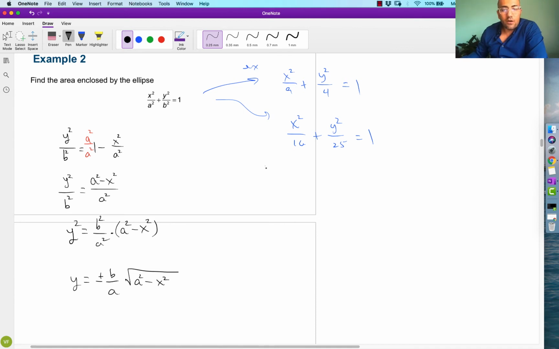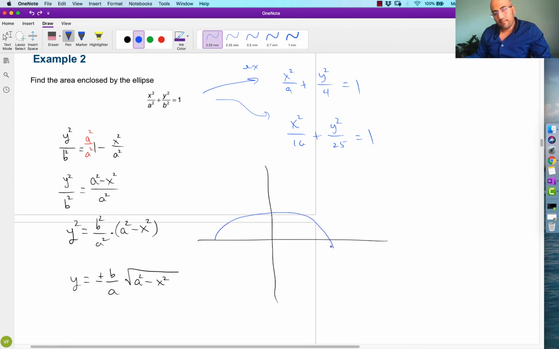As we saw, this is going to be some sort of an ellipse, and just for the sake of argument, let's say that it looks like this. Well, only prettier. Something like that.